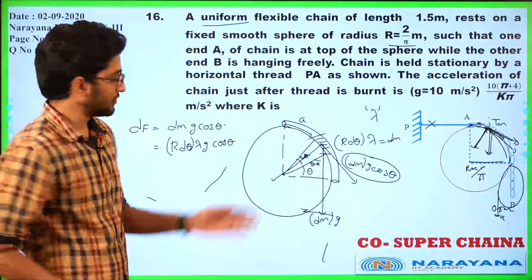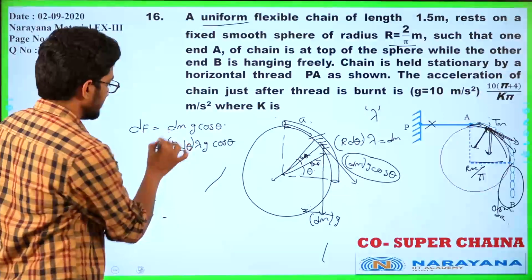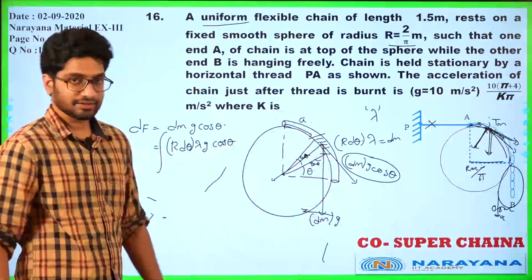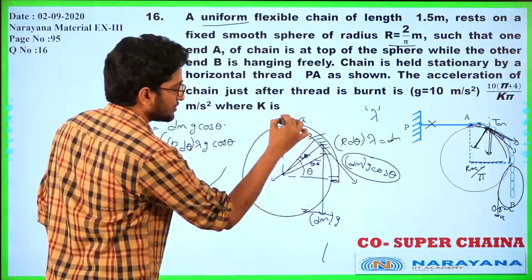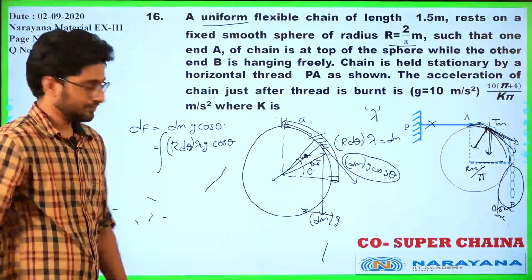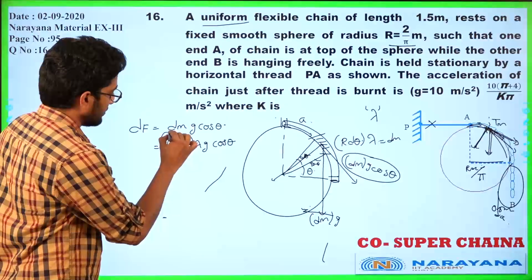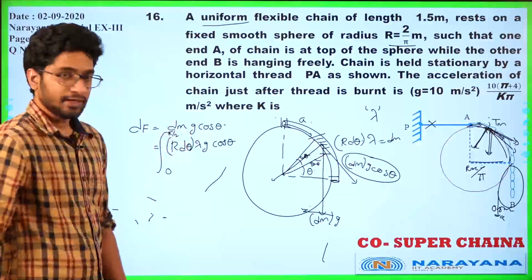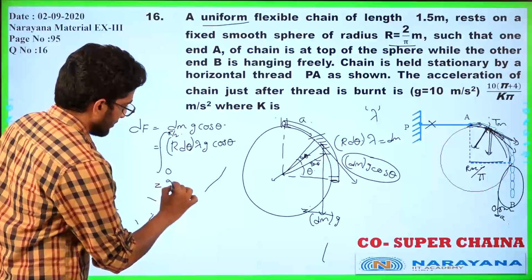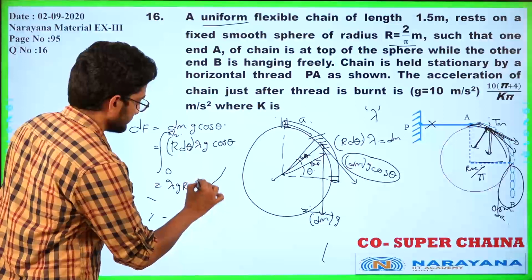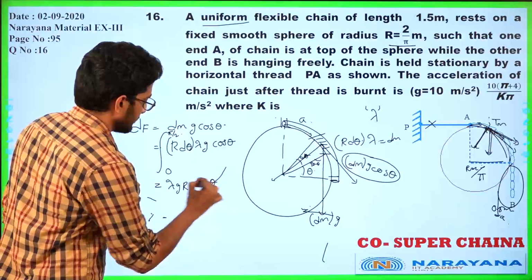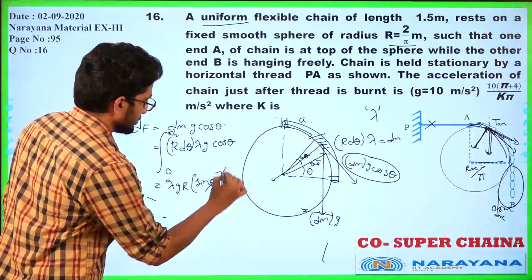How do I find the total force from here to here? I just integrate it to find the total force along the tangent. From limits, I need to take elements from this point to this point, that is 0 to pi by 2. So I can say r lambda g into integral cos theta d theta, that is sin theta, between the limits 0 to pi by 2.